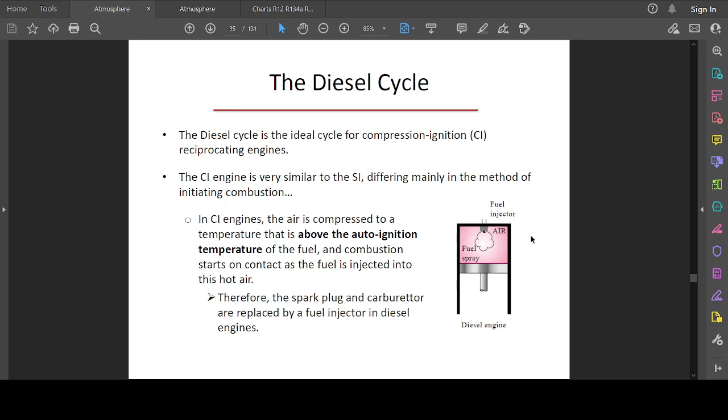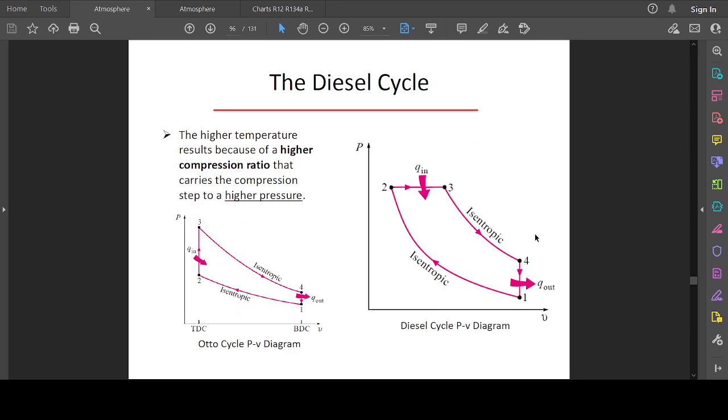So that's the major difference. Therefore, the spark plug and the carburetor are replaced by fuel injection in a diesel system. The higher temperature results because of the higher compression ratio that carries the compression step to a higher pressure.